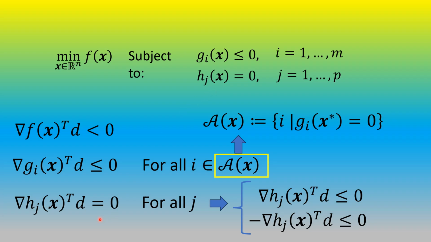But this can also be expressed as, for all j, the directional derivative of h in the direction of d is less than or equal to 0, and the negative of the directional derivative of h in the direction of d is less than or equal to 0. So both of these are less than or equal to 0. One is positive, one is negative, and together they represent this condition over here.